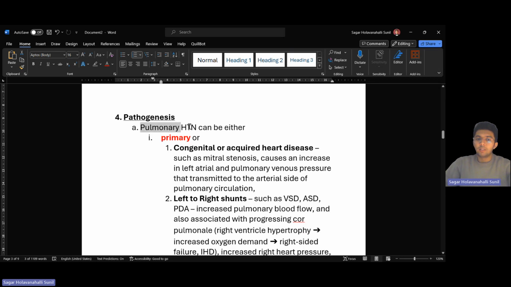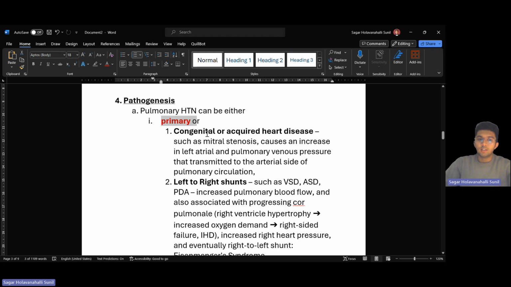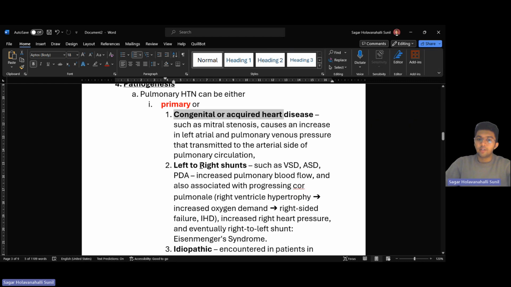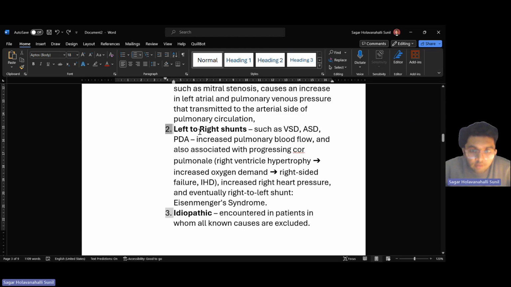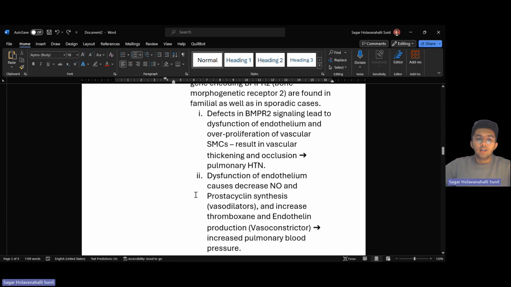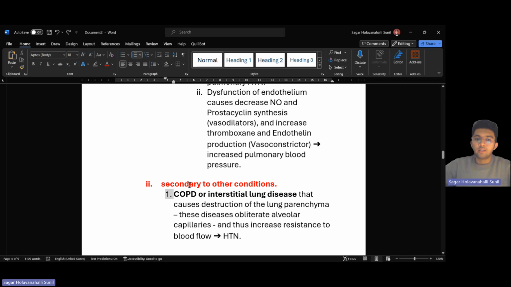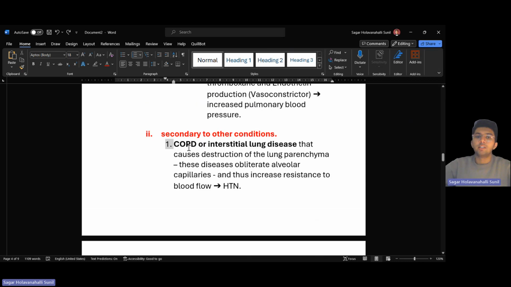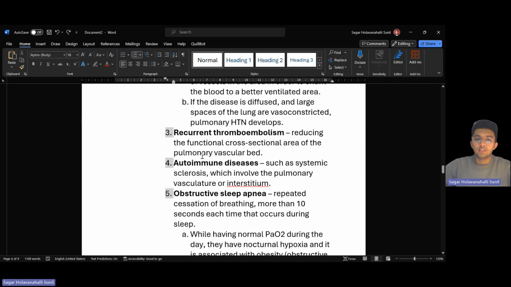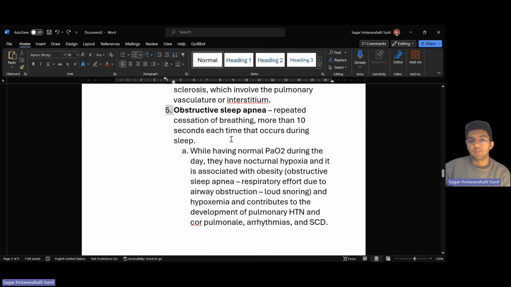So pulmonary hypertension can be either primary, like there could be a primary cause, such as congenital or acquired heart diseases, left to right shunts. It could be idiopathic, or it could be secondary to other conditions, like COPD, interstitial lung diseases, autoimmune diseases, obstructive sleep apnea, recurrent thromboembolism, and yeah, that's pretty much it.